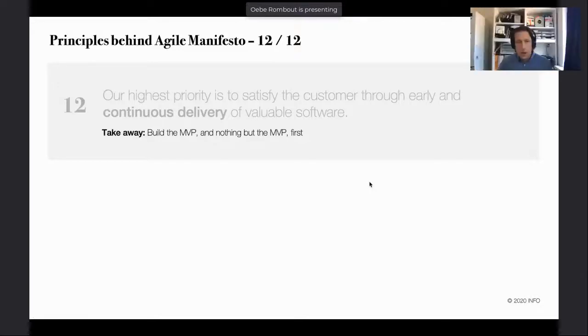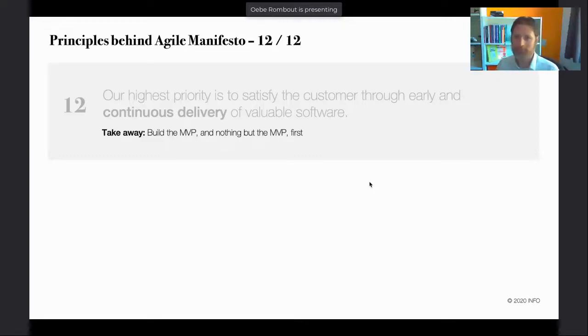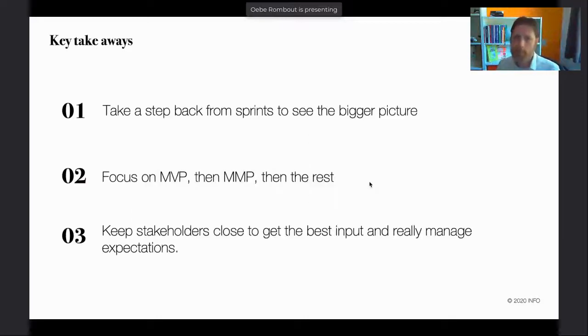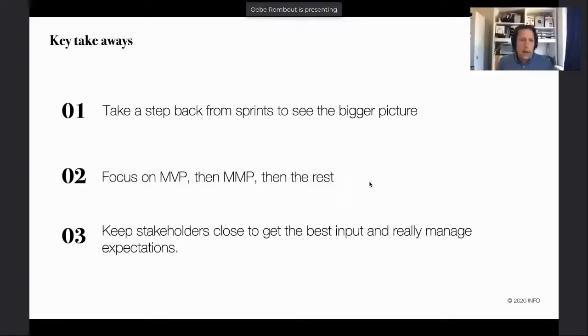Yeah. And that concludes our Agile Principles. Yes, and for all 12. So we took a look at them from two perspectives, the stakeholder management perspective and the backlog management perspective. And we took out 3 key takeaways. Of course, all of them are important, but these 3 really highlighted it for us.